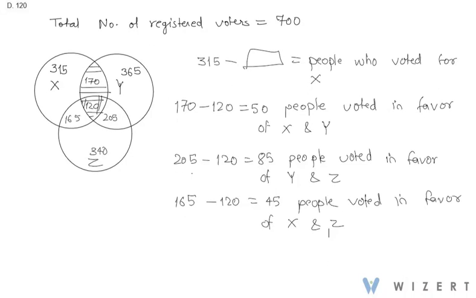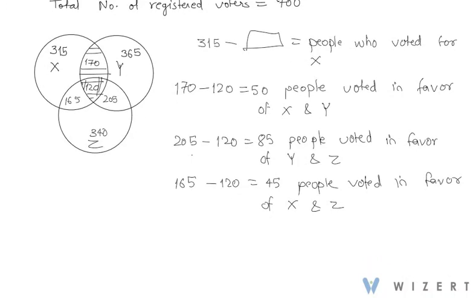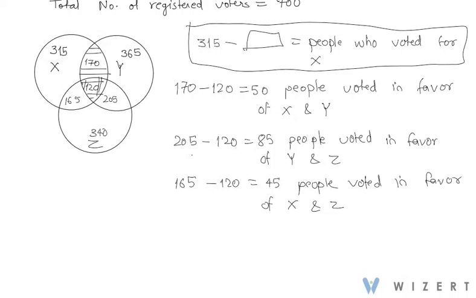Now, if we want to find this particular number, that is people who voted for X only, what will we do? So we can say that 315 minus 50 minus 45 minus 120.